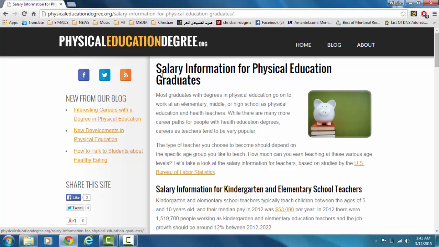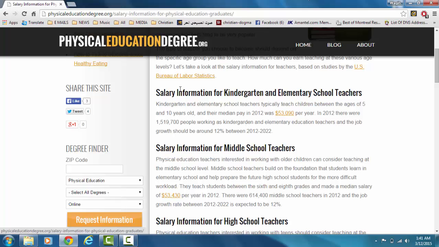The final point is it shows you information about the salaries that are involved with this job. Basically, it shows you in 3 points the salaries for kindergarten and elementary school teachers.